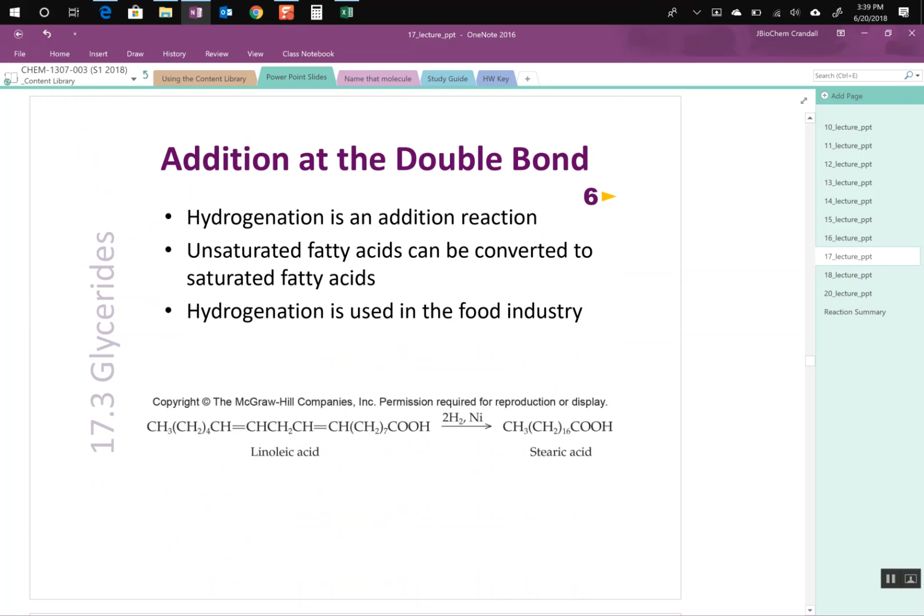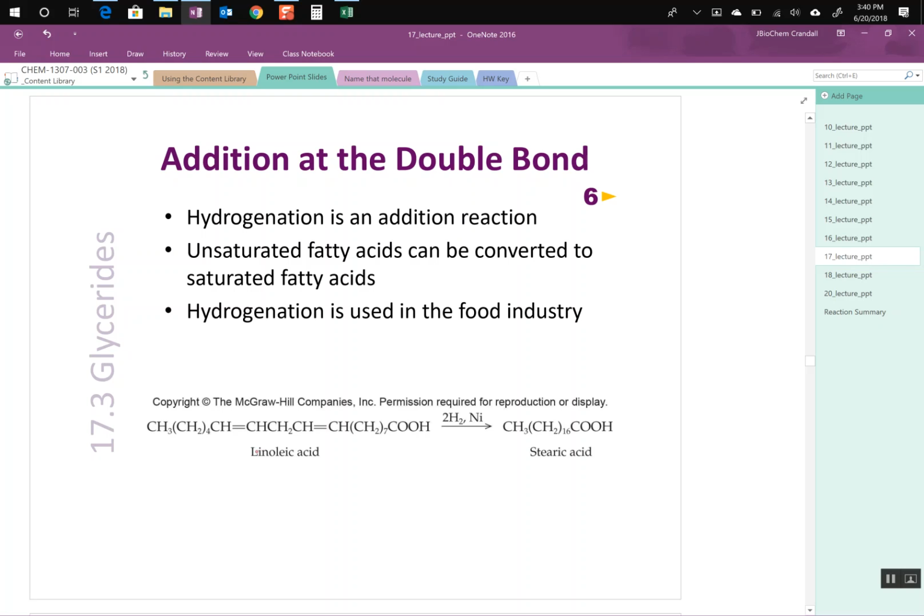Addition at double bonds. So some fatty acids have double bonds, right, or triple bonds, and you can cause these addition reactions with the hydrogens at those double bonds.